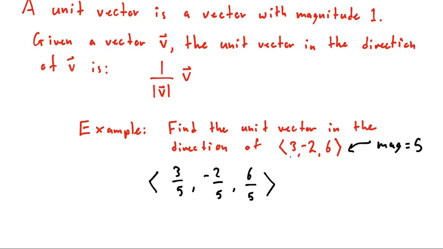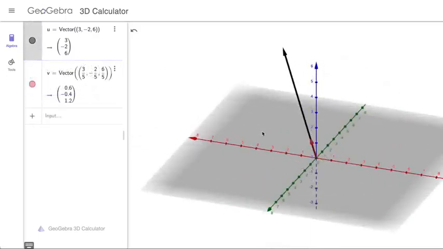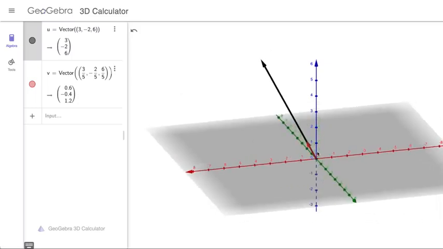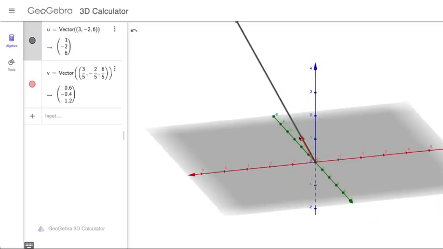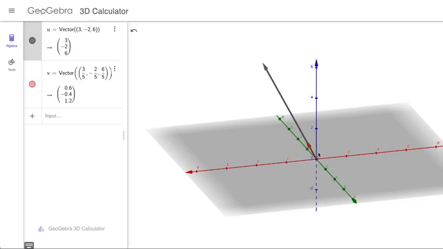Let's take a look at this in GeoGebra. 3 divided by 7, -2 divided by 7, and 6 divided by 7. We see a vector in the same direction as the original one, but it has a magnitude now of 1. That is a unit vector.